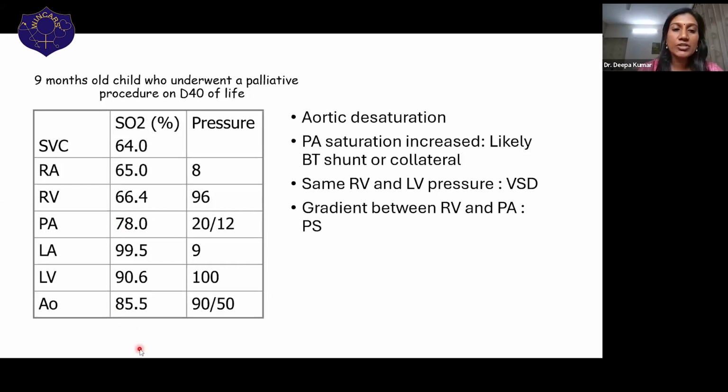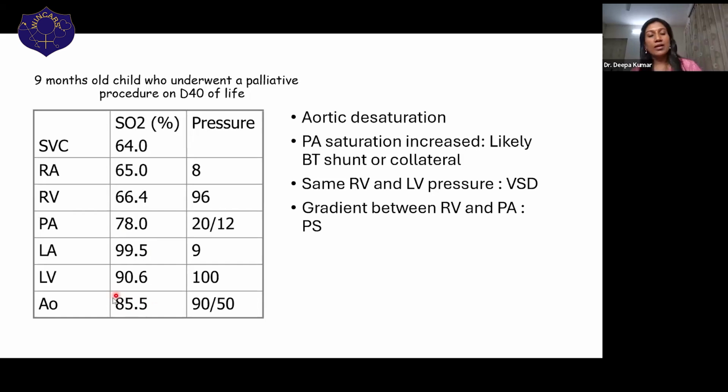If the PA saturation is more than the aortic saturation, you are dealing with transposition physiology. If PA and aorta are the same, you're probably dealing with an admixture physiology. And if the PA saturation is lower than the aorta, it is probably a reduced pulmonary blood flow situation. So now you have a probable diagnosis.